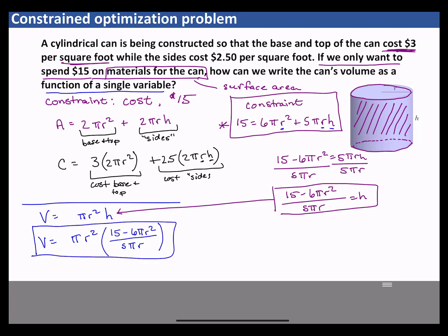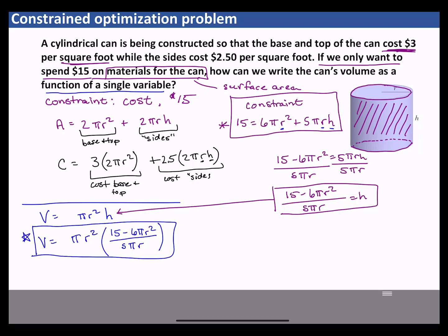We have answered the question, but let's simplify this a little bit so we can see that this is indeed a polynomial function. So I'm going to start out by thinking pi r squared, that's over 1, so I can multiply that, distribute it into the parentheses, and we'd have 15 pi r squared minus 6 pi squared r to the 4th, all divided by 5 pi r.